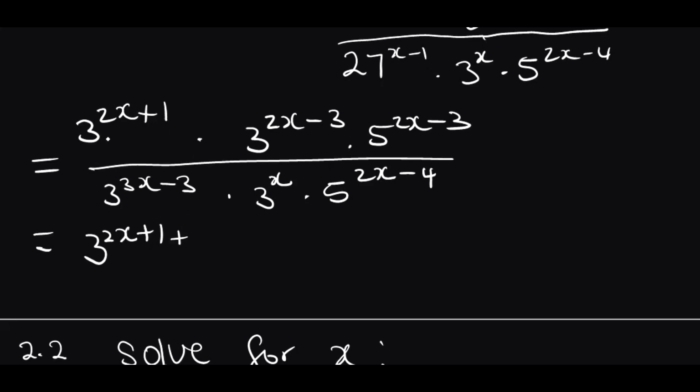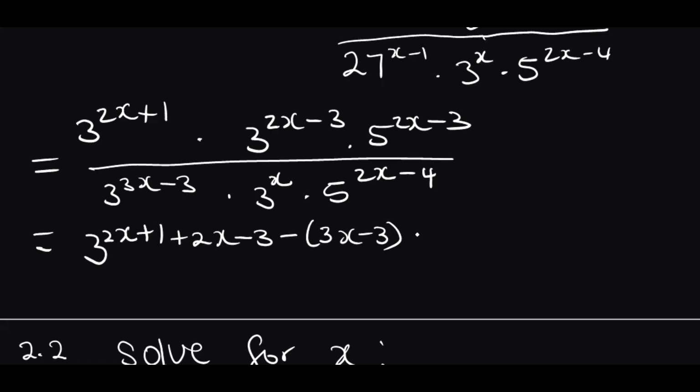Plus, since we are multiplying powers of the same base, we add the exponents. Plus 2x minus 3. Now we are dividing, since the 3 to the power 3x minus 3 is in the denominator, we need to subtract this 3x minus 3 and put the brackets around 3x minus 3.